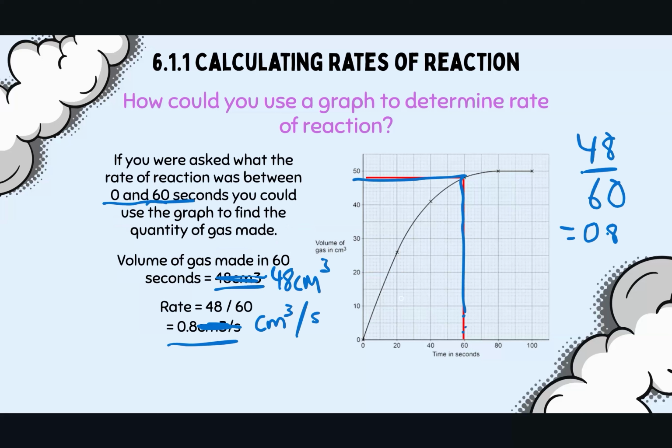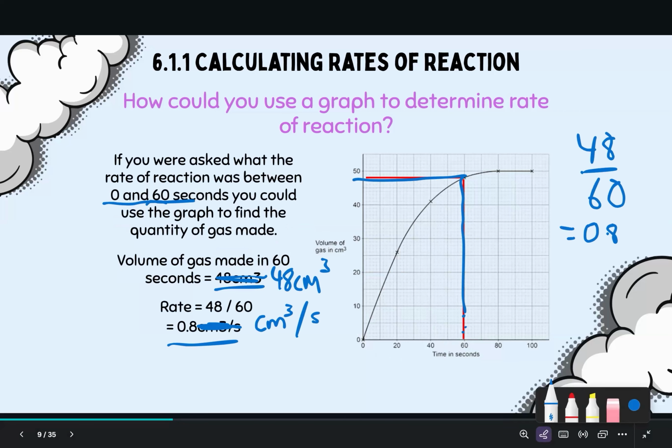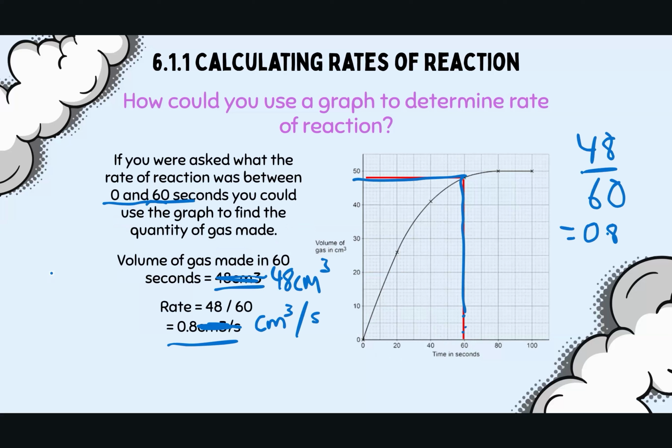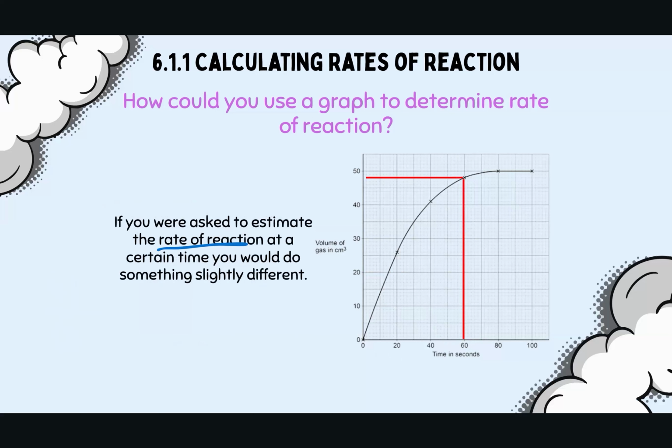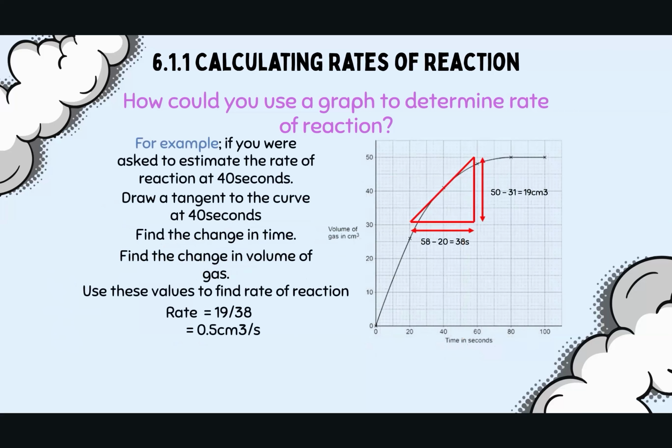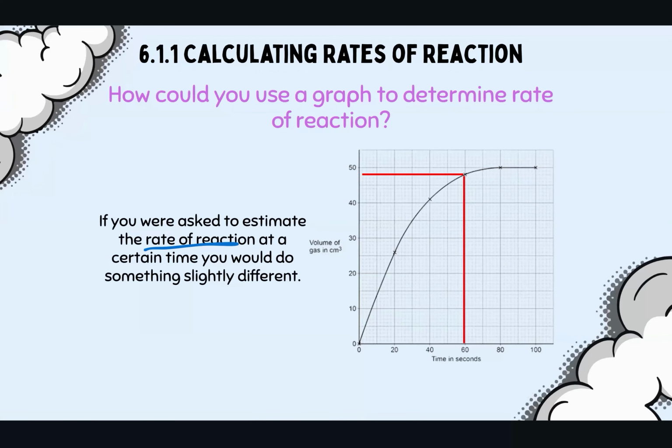So what you're doing is looking at change in time and change in volume, which is 48, divided by change in time, which is 60. But if a question asks you what is the rate of reaction at a specific point, that's a little bit different. So if you were asked to estimate the rate of reaction at 40 seconds, let's do it on this one.